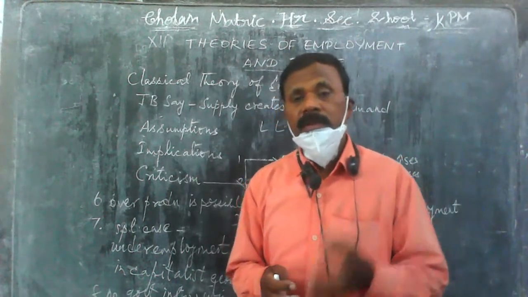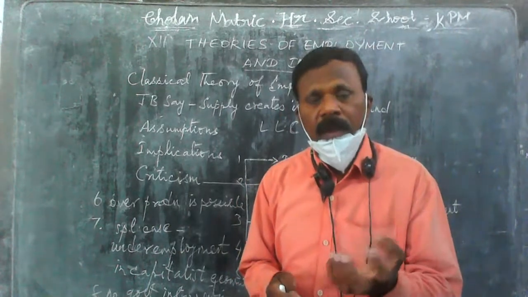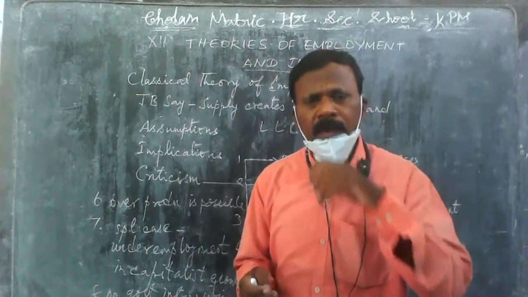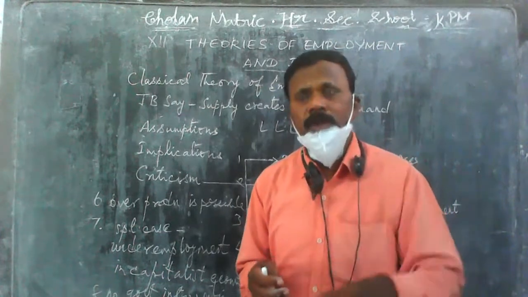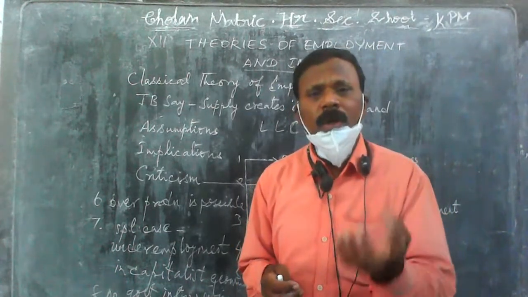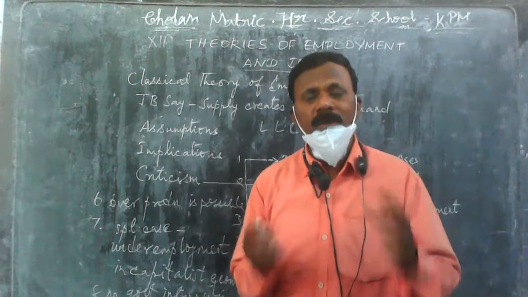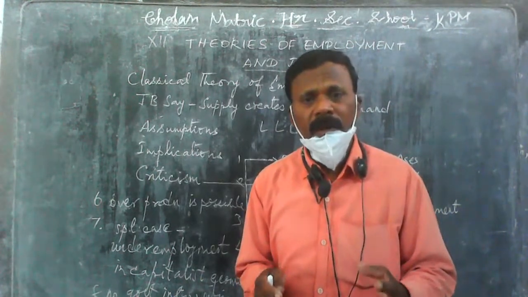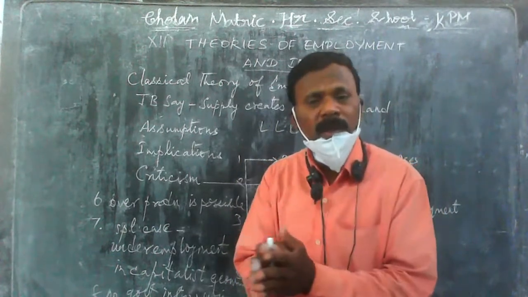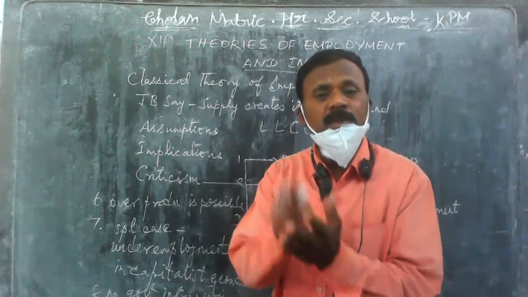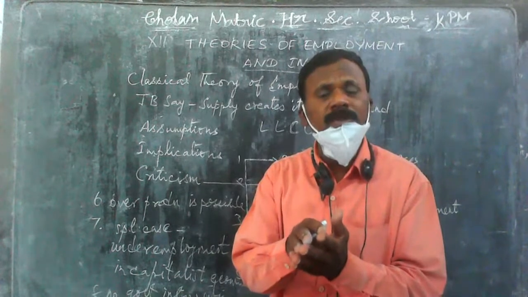Now, the households, after receiving the rewards of the factors of production, spend the amount on the purchase of goods and services. Whatever amount is received by the household is spent on the purchase of goods and services.